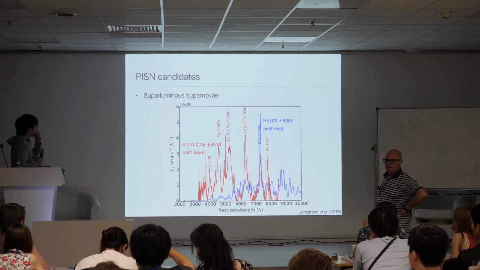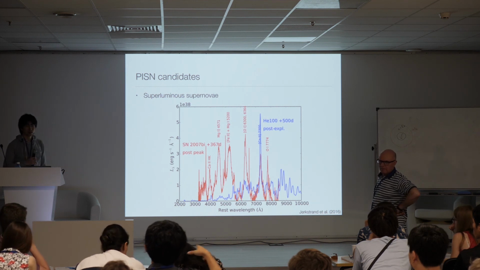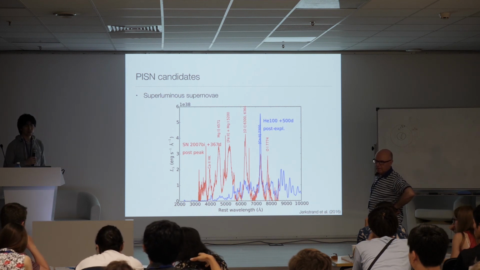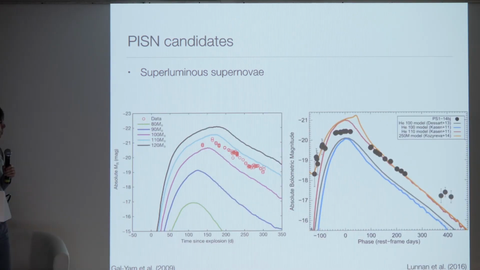In this supernova, you say theoretically too much material is synthesized. From observation of this supernova, how much iron is there? We don't know.